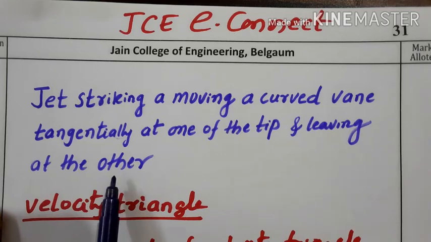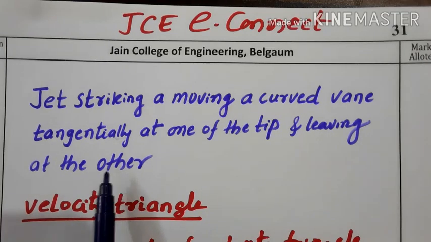In previous lectures, we have taken a moving case also, where the jet was striking at the center and the vane was moving in the direction of the jet, and there the vane was considered placed symmetrically about the x-axis.